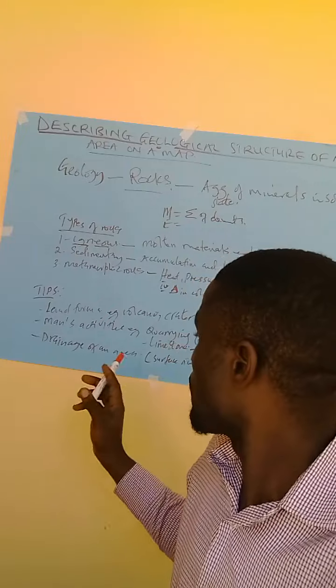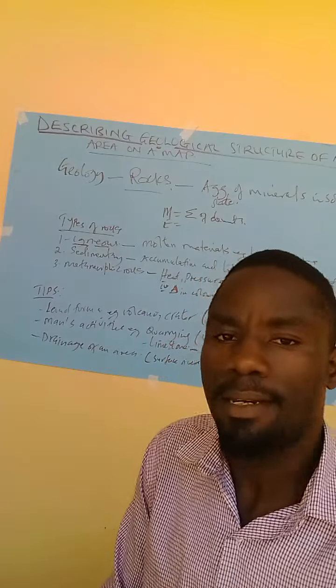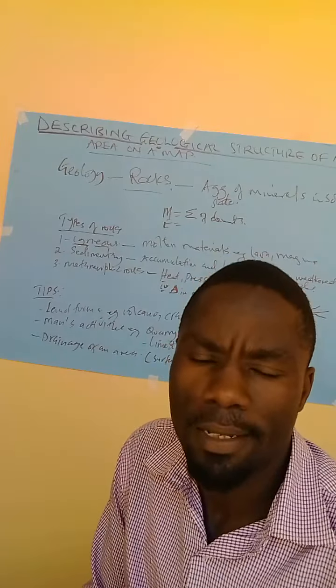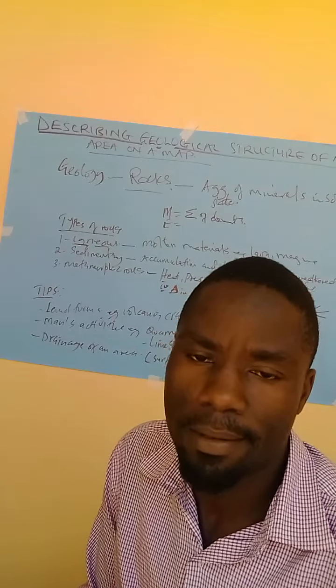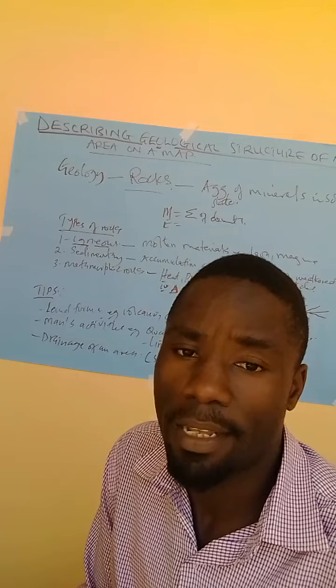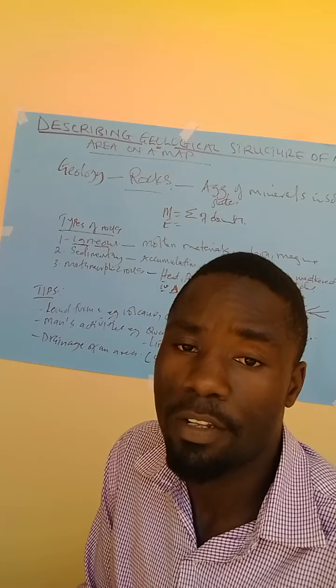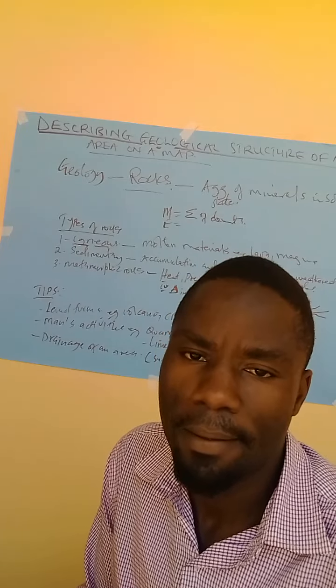And then drainage patterns can also help us to know the type of rock. If it is dendritic, then we shall know that these are igneous rocks.